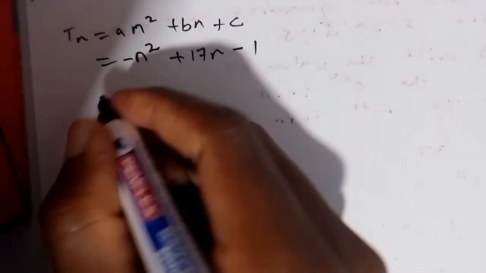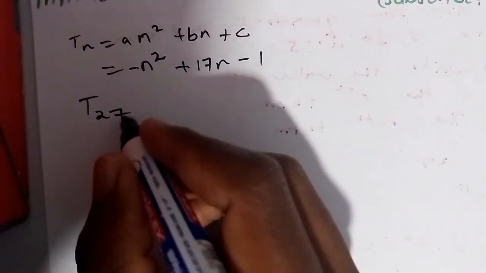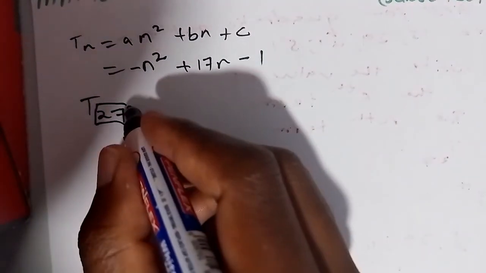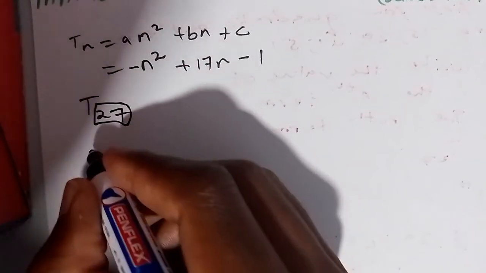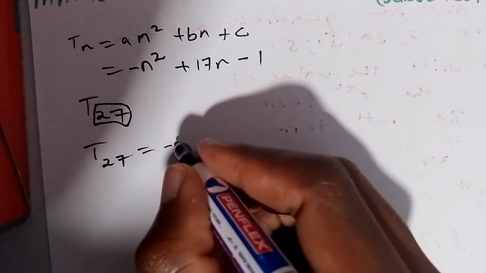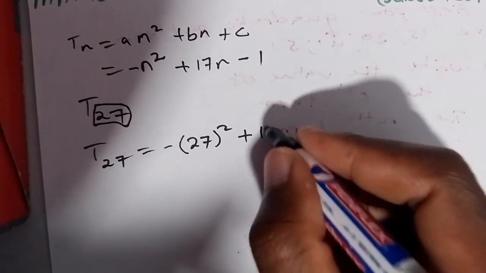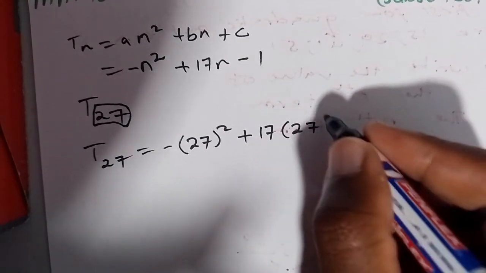Last question, we need to calculate T27. Where there's n, I need to substitute the position 27. T27 equals negative 27 squared plus 17 into 27 minus 1.